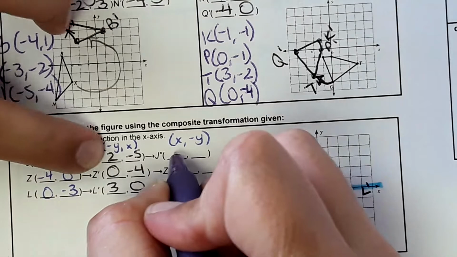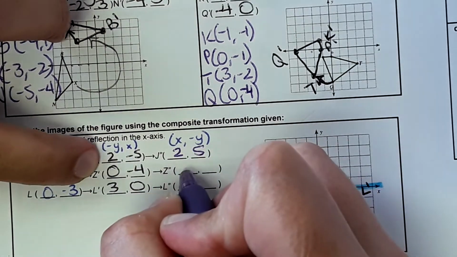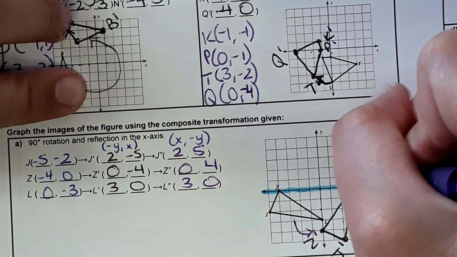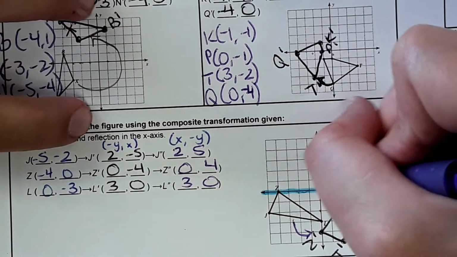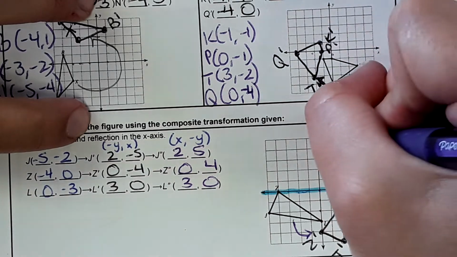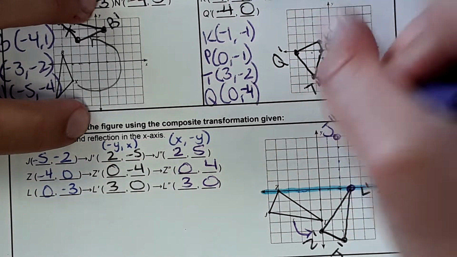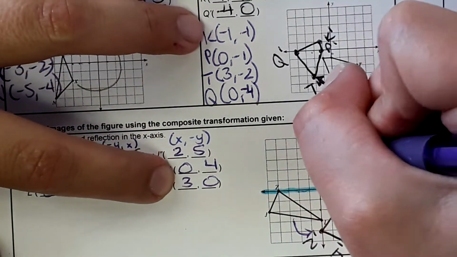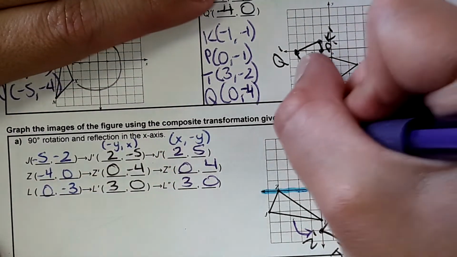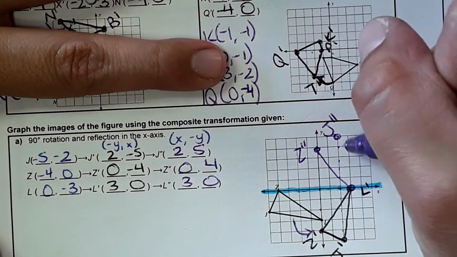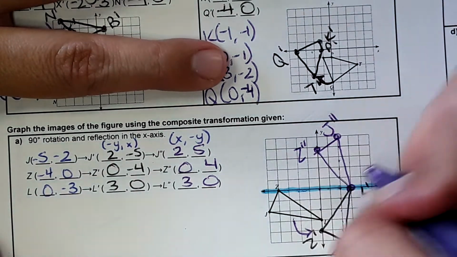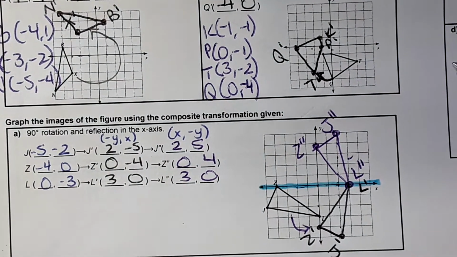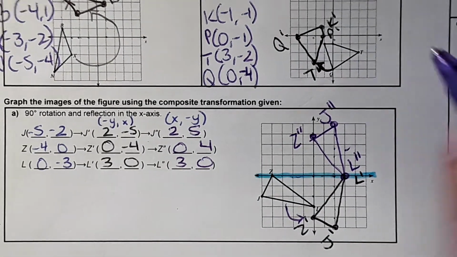Okay, so the rule: x stays the same, y changes sign. And then there's your final image.